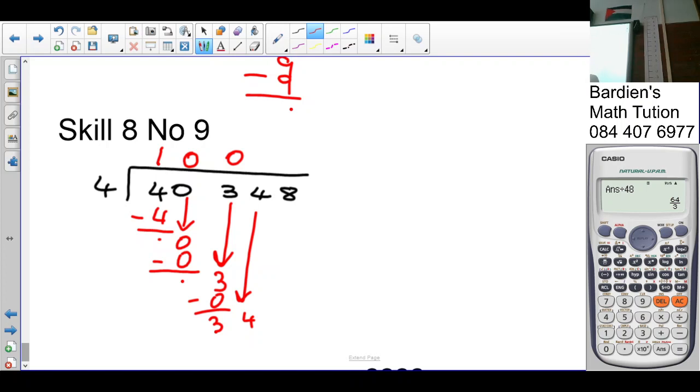So it's 8. 8 times 4? 32. Subtract, you get a 2, we bring down the 8. 4 going into 28 how many times? 7. 7 times 4? 28. You subtract, we get 0.